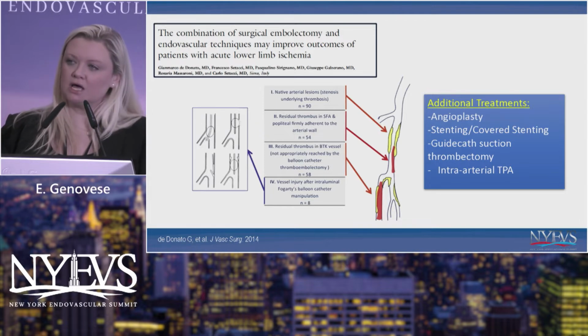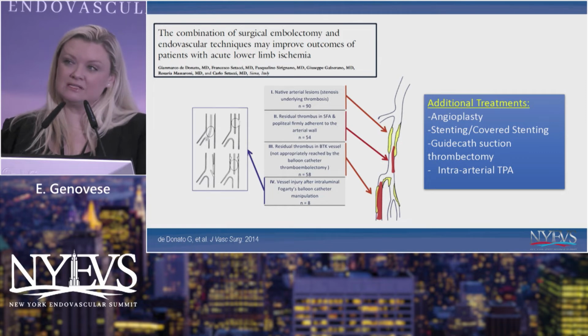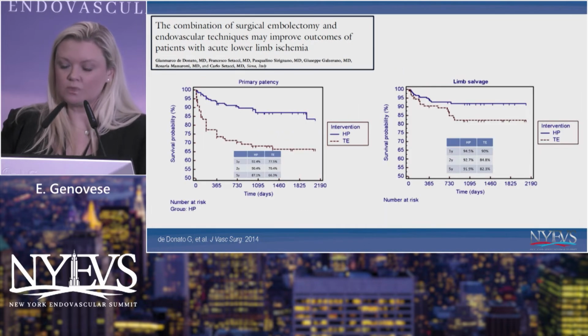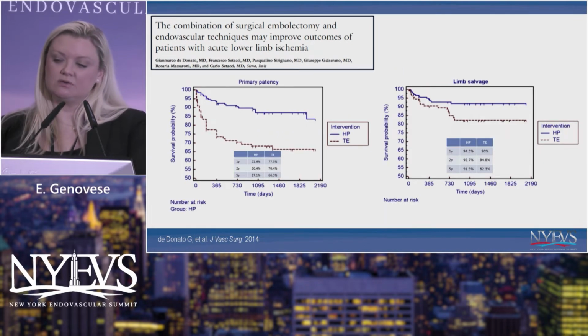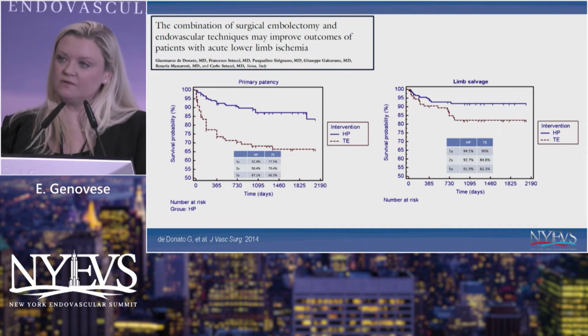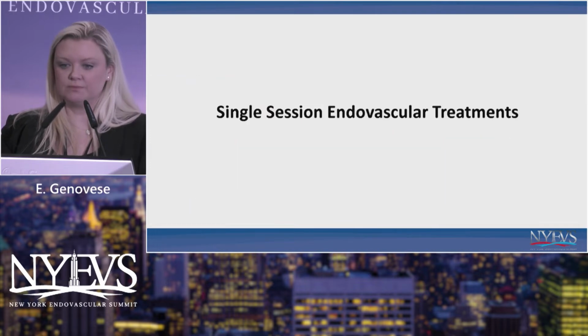You had to treat their underlying stenosis, stent an artery, or get some more residual thrombus you weren't able to fully get out with the Fogarty, or maybe treat something more distally that embolized. Overall, this study showed a significant benefit with regards to patency and limb salvage between the two groups, with the hybrid being a little bit more advantageous. But of course, there's a pretty significant selection bias, right? Patients who required this were a slightly different patient population.